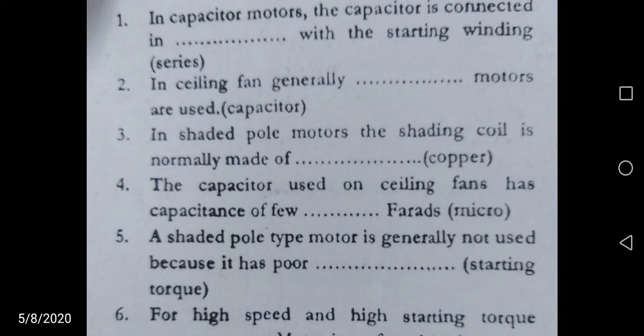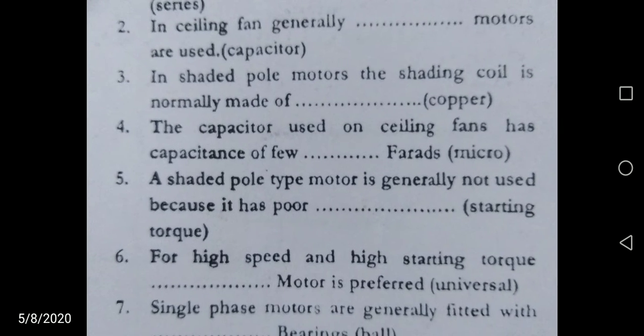In a shaded pole type motor, the flux flows from the unshaded region to the shaded region. For high speed and high starting torque, a universal motor is preferred. The universal motor runs above 5000 to 10,000 rpm also.